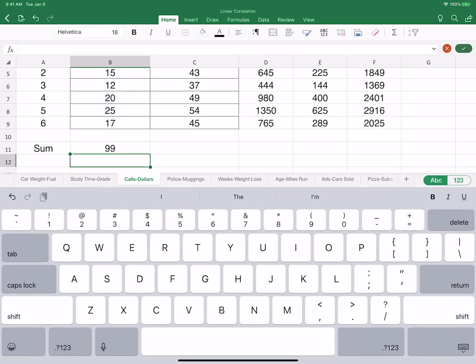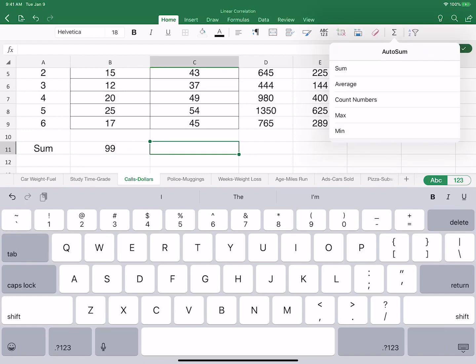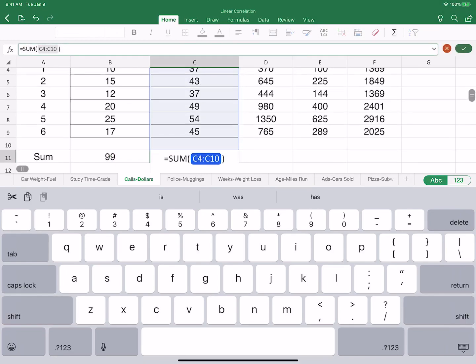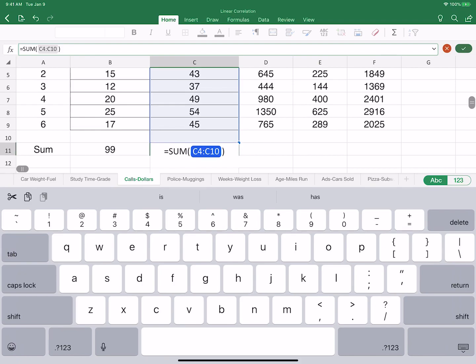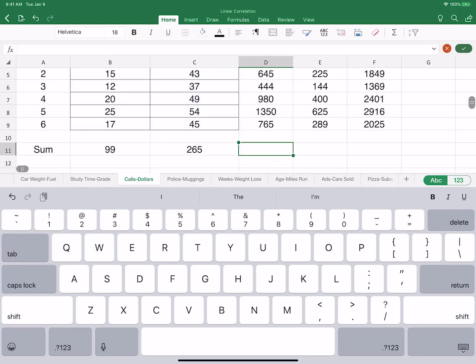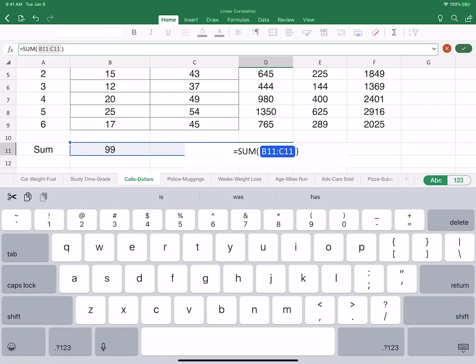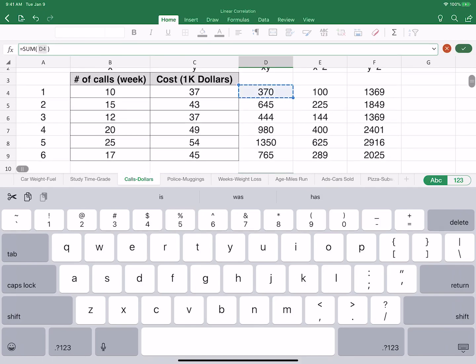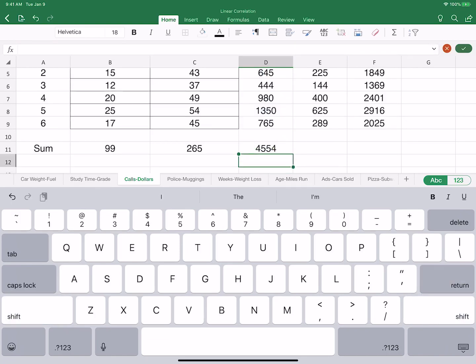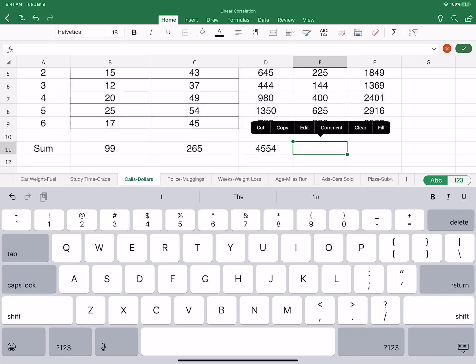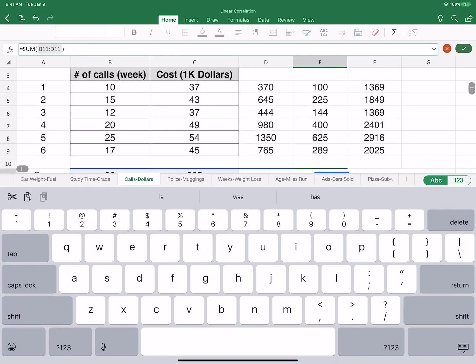So here's my first sum. I'm going to repeat the process. And when you get here, it looks like it wants to add rows, but we're going to correct that. And then here, oops, no, we want a summation here, sorry. So we're going to add all of these values here.